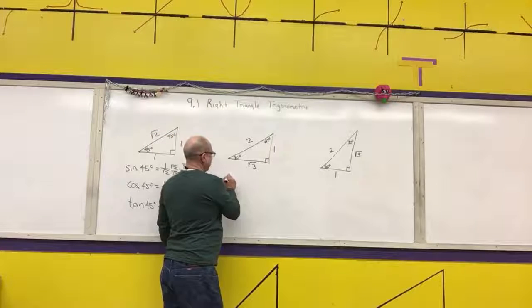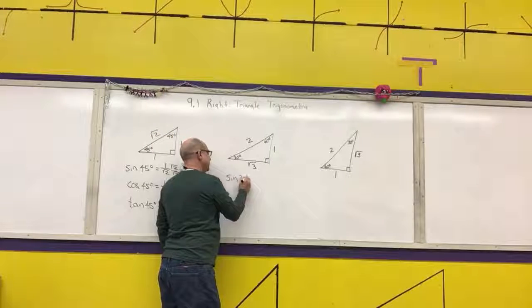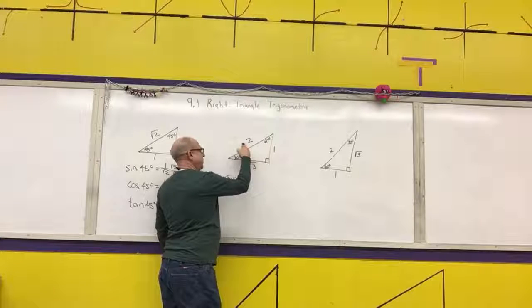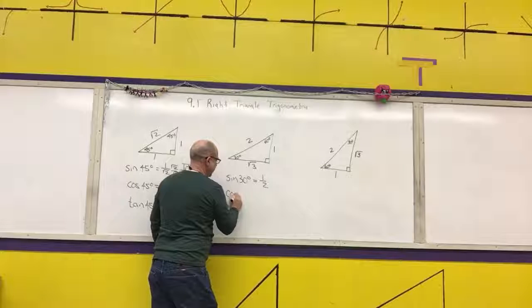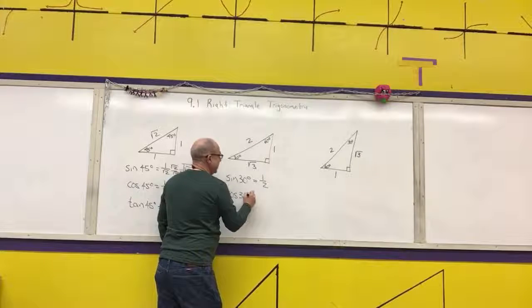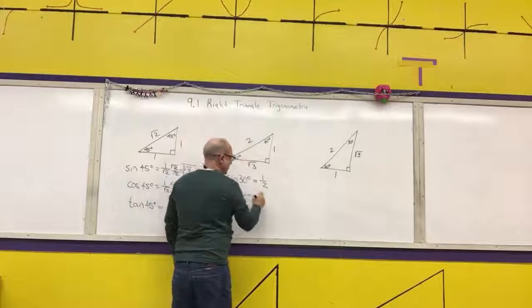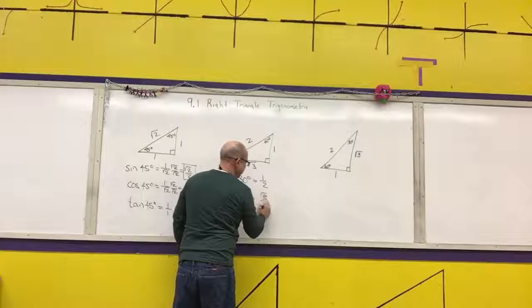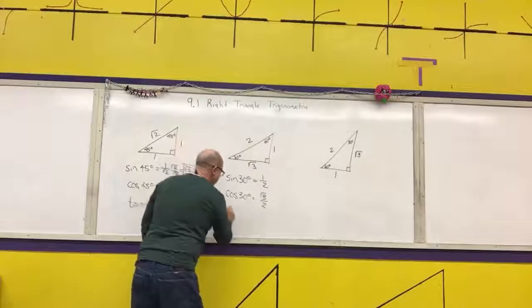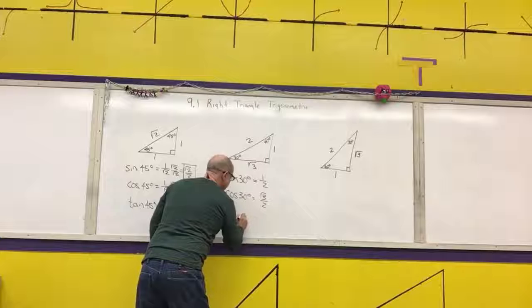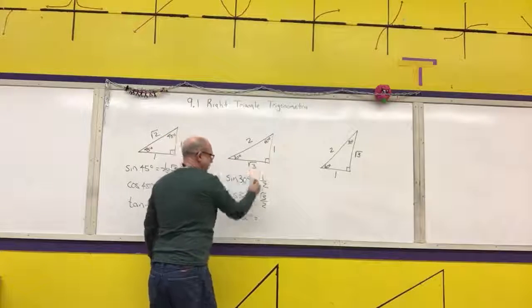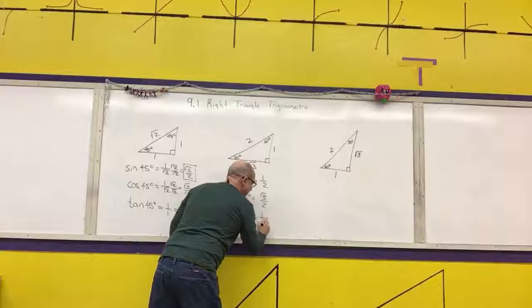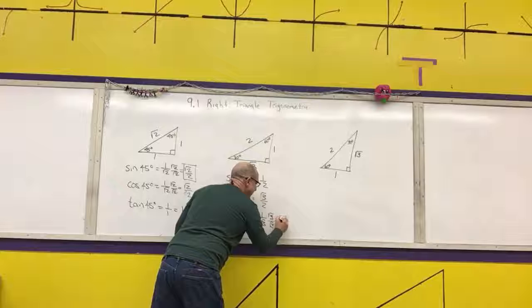For 30 degrees, the sine is opposite over hypotenuse, 1/2. Cosine of 30 degrees, adjacent over hypotenuse, square root of 3 over 2. And the tangent of 30 degrees is opposite over adjacent, 1 over root 3. Rationalize, and I get the square root of 3 over 3.